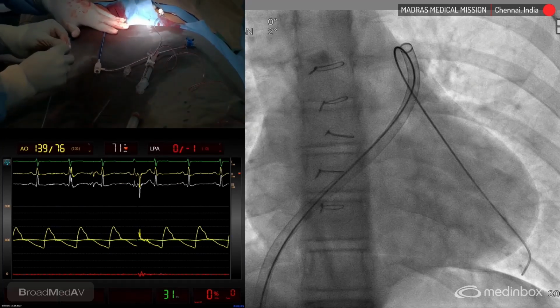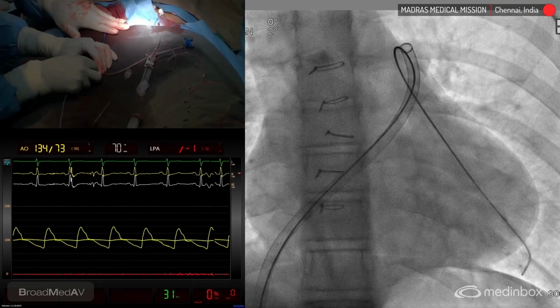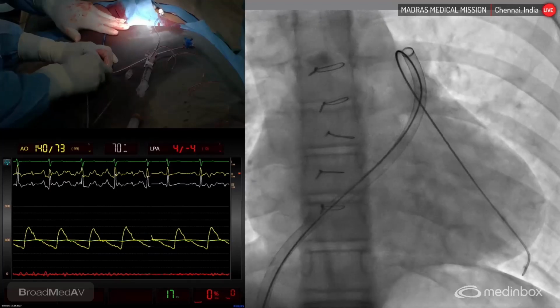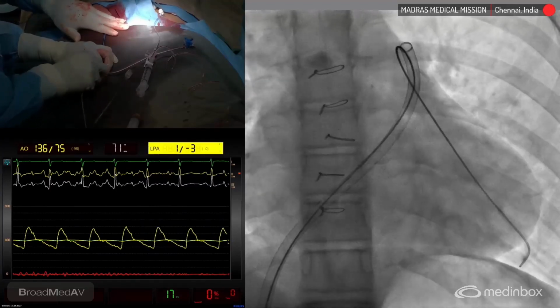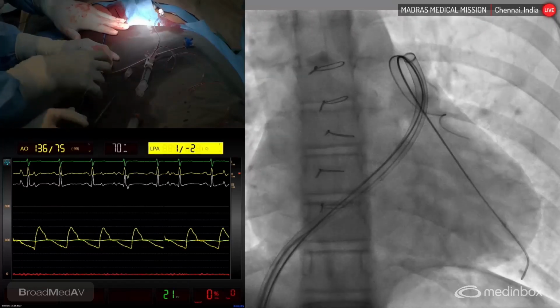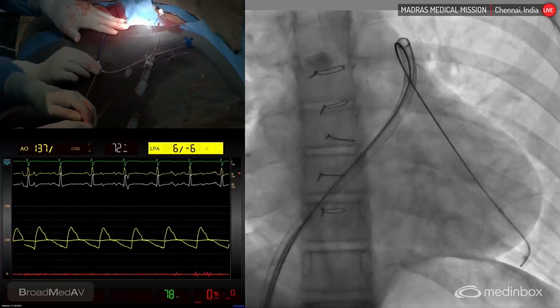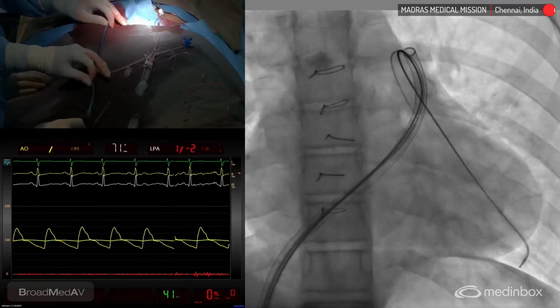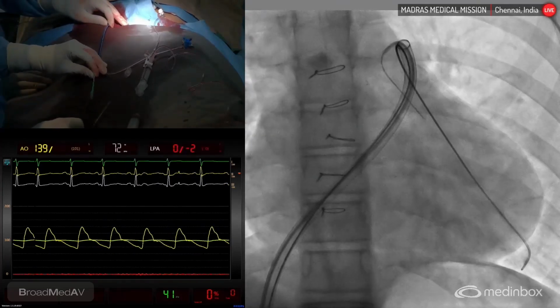The right coronary artery catheter with the thermo wire, we have to enter the right pulmonary artery here.